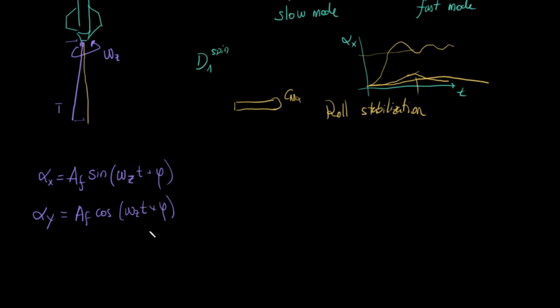So we get the idea that on the two axes, it's going to be the same function, just dephased by 90 degrees. So we might as well do the study just for one of the two angles, and we're going to get the same steady response.